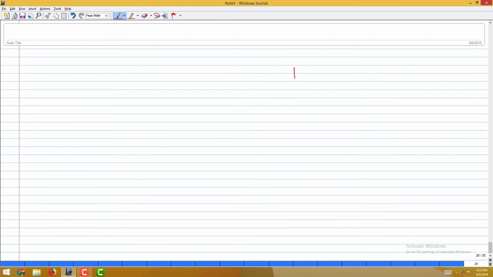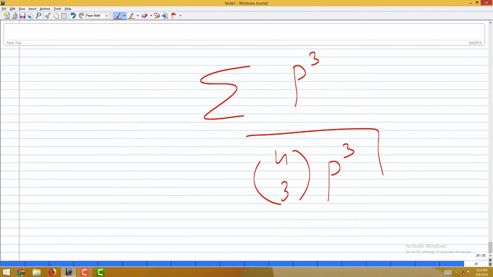P cube into 1 plus 0 into something, I do not care. That is the good thing about 0, we do not have to worry about where it is. So, this indicator random variable trick is very nice because I only have to calculate that. So, p cube summed over all possible triangles, namely n choose 3 into p cube, that would be the expected number of triangles.